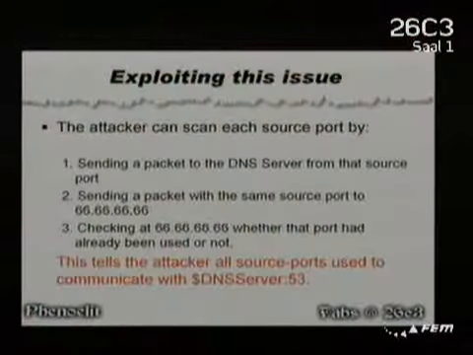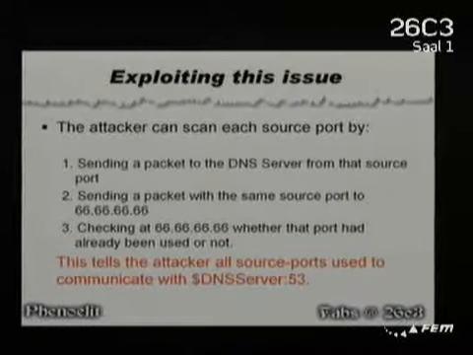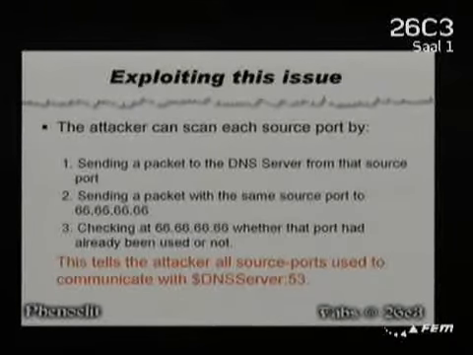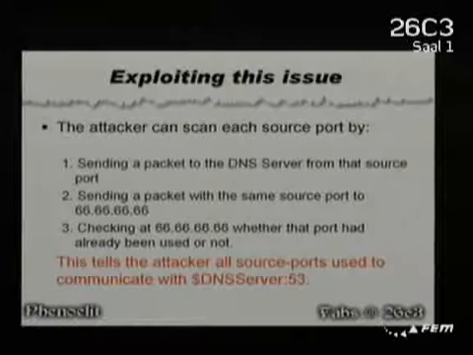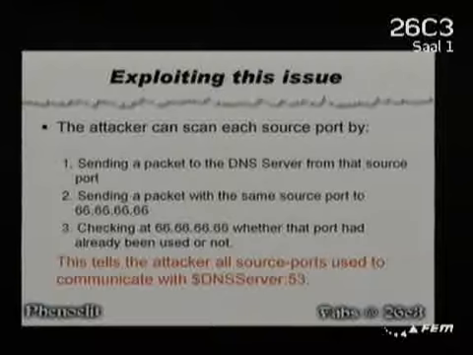So how do you exploit this? I know this is not that easy to understand on the first explanation. So this is how you exploit it. Maybe this will be clearer. First, you send a packet to the DNS server with a given UDP port, the port that you want to scan, source port. Now you send a packet to that other host that you control on the internet with the same source port.